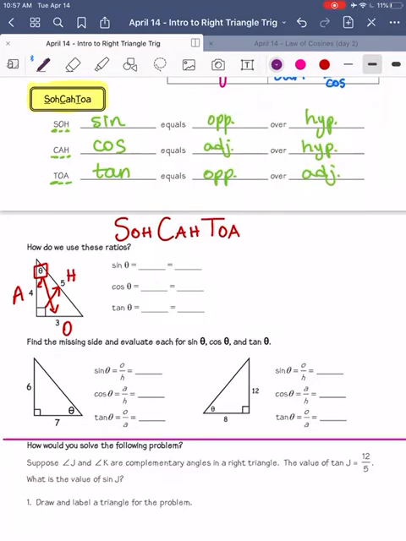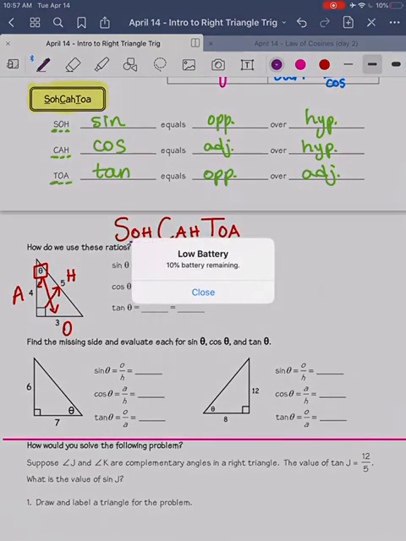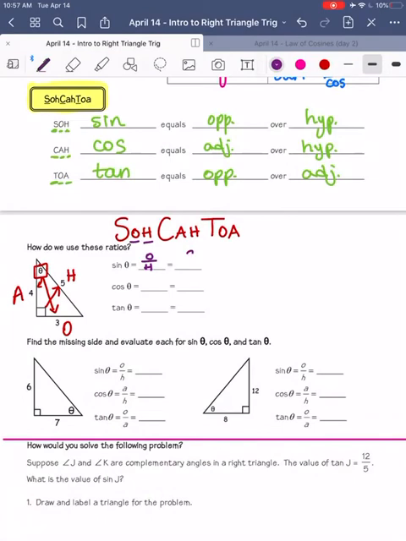Now we're going to fill in our answers. Sine is O over H. Our O side is 3 and our H side is 5. Do y'all see that? So we're done, 3/5. That's your answer. That's all you've got to do. Now cosine is the adjacent over the hypotenuse.